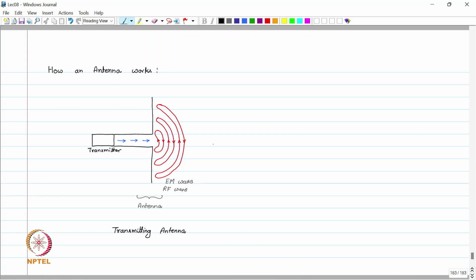On the receiving part, these waves can actually travel in the vacuum, and when they reach the other side or the far end, these are the waves which are traveling in vacuum.